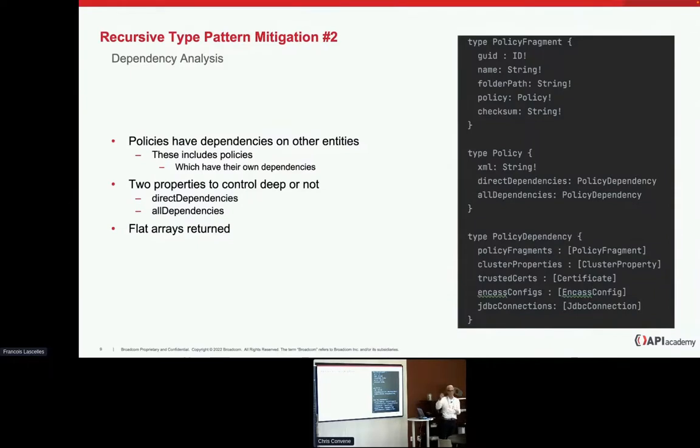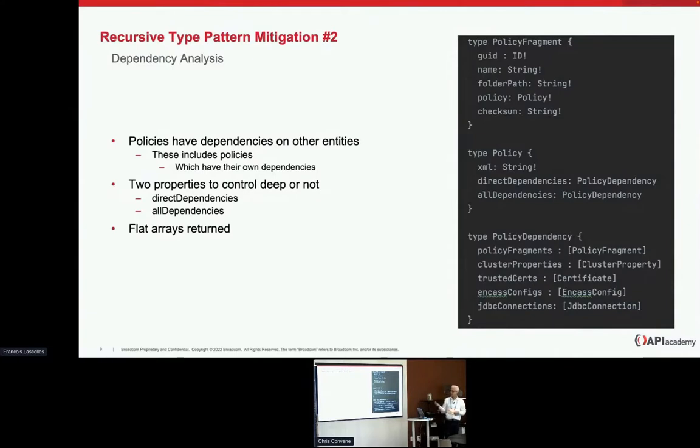You basically organize your repeated logic for your APIs in these policies, and then you just inherit them along to the top level policies that are associated with services. So that means that we have another recursive situation, because a policy can include a policy, can include a policy, can include a policy, and we want to be able to distinguish between just getting the top level dependencies versus going all the way down the dependency stack.